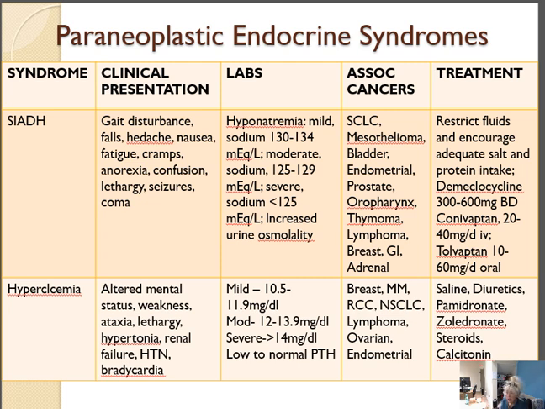Trousseau syndrome is migratory superficial thrombophlebitis. Not to be confused with Trousseau sign, which is a sign of hypocalcemia. So when the brachial artery is constricted, the hand twitches, or Chvostek sign, when you brush the cheek, the face twitches.